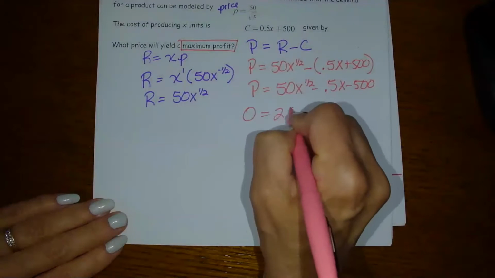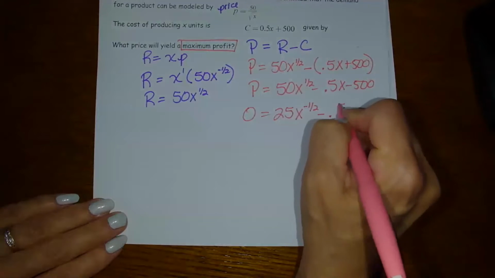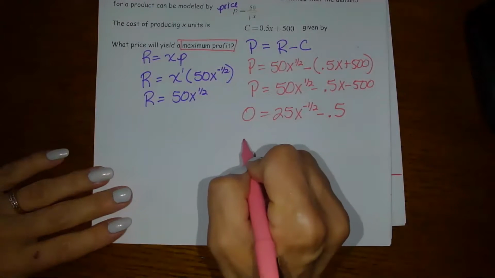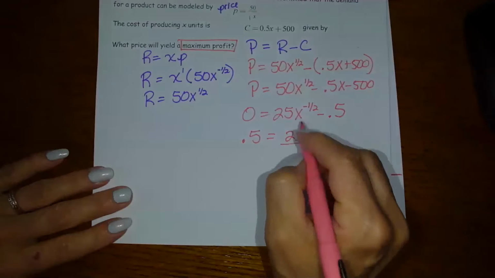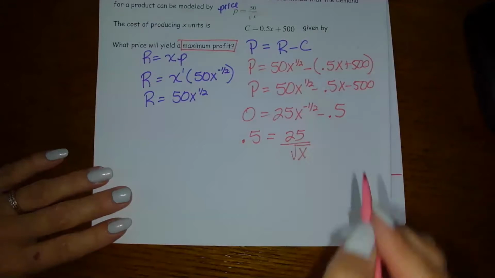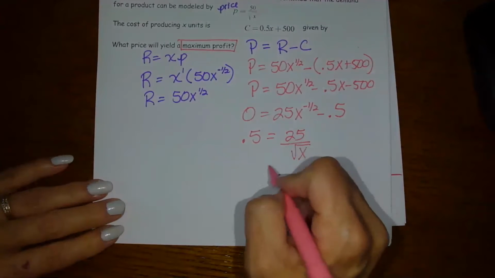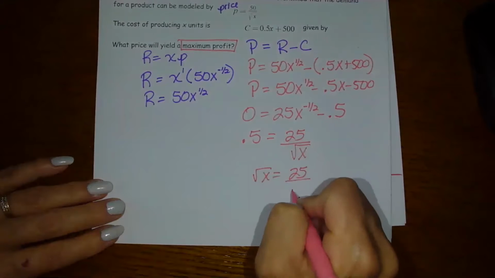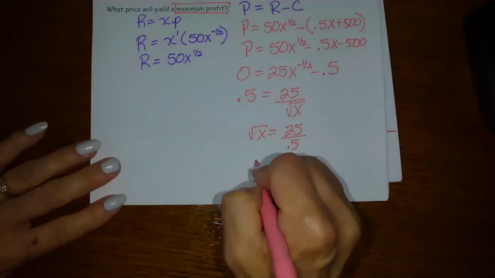1/2 times 50 is 25. That's not too bad, right? Flip it over. Right? X to the negative 1/2 is the square root in the bottom. So I'm going to get square root of x equals 25 over 0.5. What is 25 divided by 0.5?